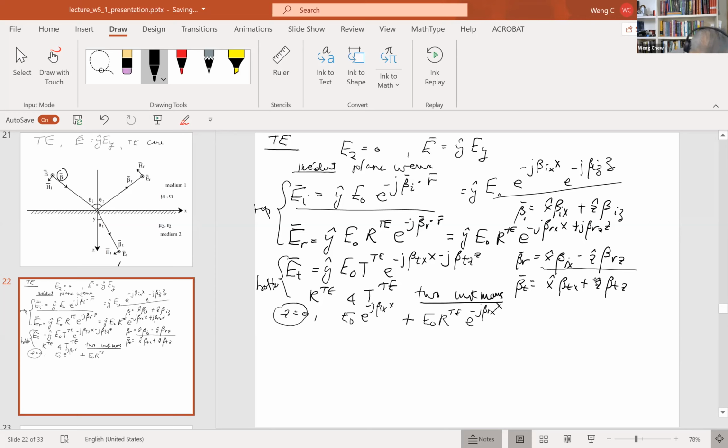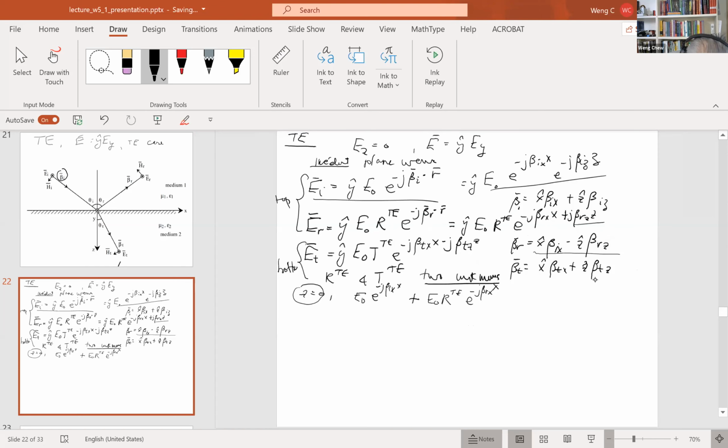I set z equal to 0, so this expression is the incident wave. But then I also have to add the reflected wave, which will be E0 R TE e to the minus j beta Rx x. Again, with z equal to 0, this term goes away. And that should be equal to the tangential E field on the other side. On the other side, I only have one wave, so it'll be E0 T TE e to the minus j beta Tx x.